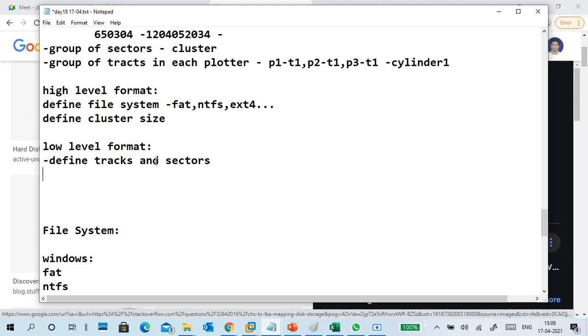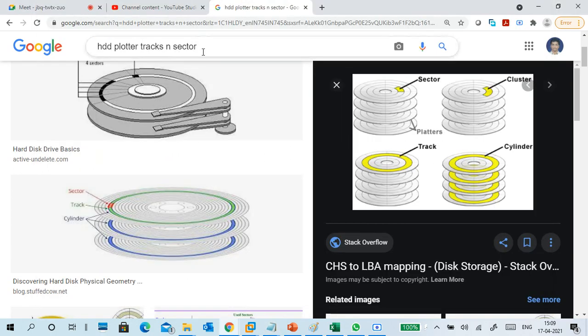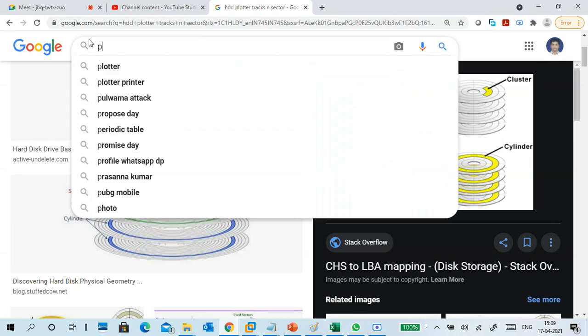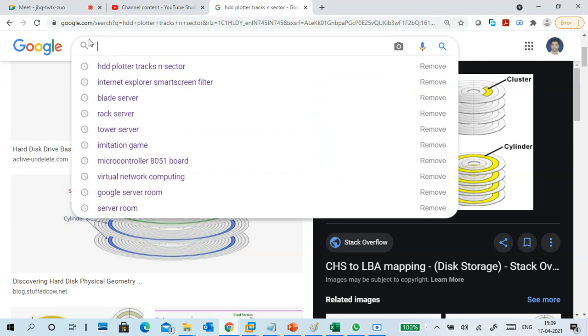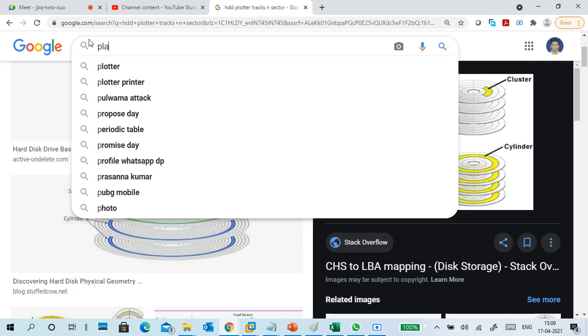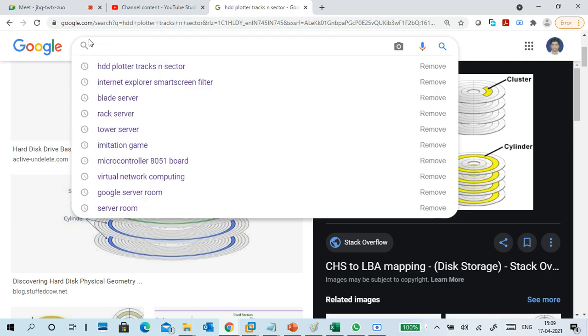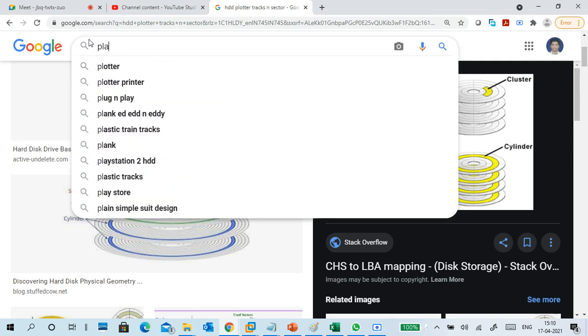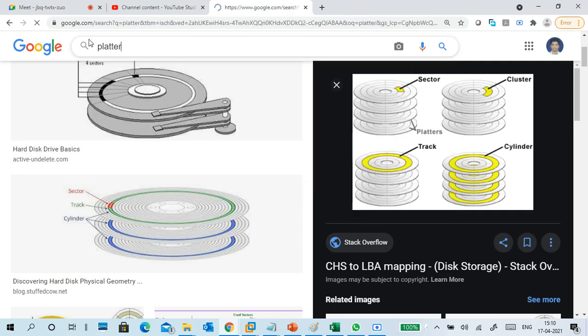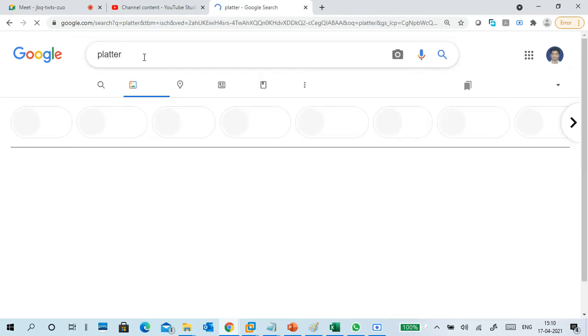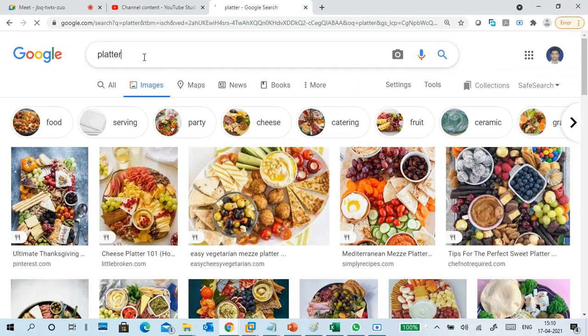Is that a plotter or platter? When I searched in Google, it is different. One second, I will check. So right, it is a platter. Oh yes, it is platter only, you're right.